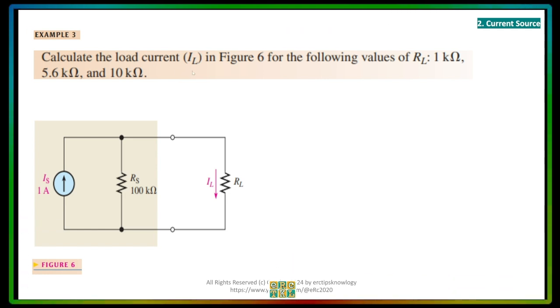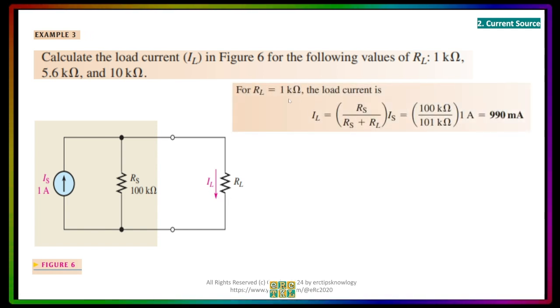Let's calculate the load current IL with a value of 1 kilo ohm for our RL. If the RL is only 1 kilo ohm, using the current divider rule, which is R over R plus R multiplied with IS, what we get is RS. So to get the current IL, you have to take the opposite resistance, RS, divided by the sum of the two resistors, RS plus RL, multiplied with the current source going into this junction, which is equal to 1 ampere of IS.